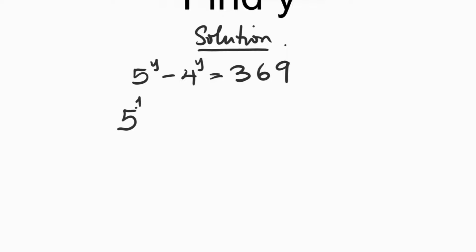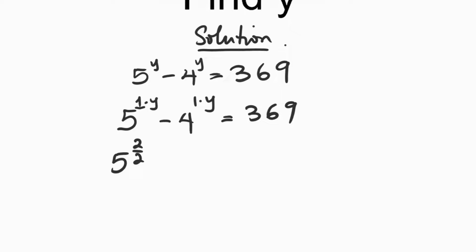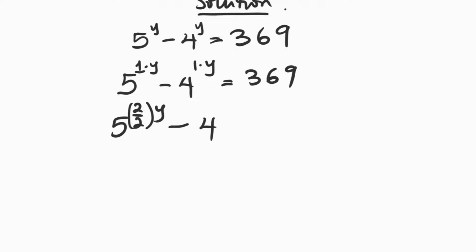This is the same thing as 5 raised to the power 1 times y minus 4 raised to the power 1 times y equals 369. 1 is the same thing as 2 over 2, so this is 5 raised to the power 2 over 2 times y minus 4 raised to the power 2 over 2 times y equals 369. The idea behind rewriting the left-hand side this way is we're trying to arrive at the difference of two squares equation, so we can use that to solve this question.